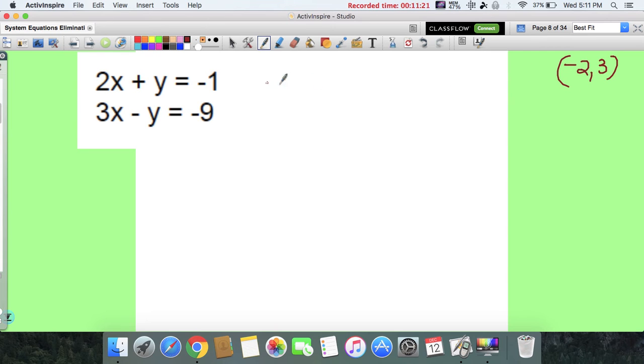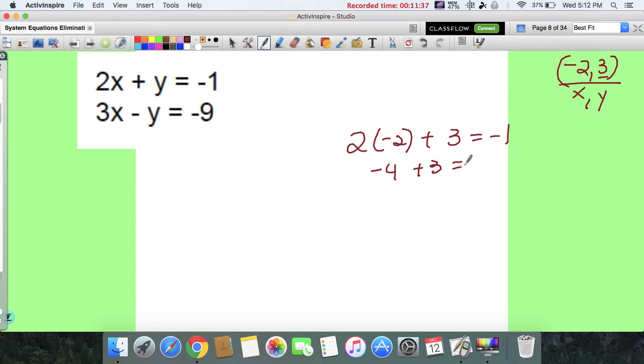So let me substitute this value, that's the x value, this is the y value, in the first equation. So I would get 2 times negative 2 plus y, which is 3, equals negative 1. 2 times negative 2 is negative 4 plus 3 equals negative 1, and you can see that that value makes this equation true.